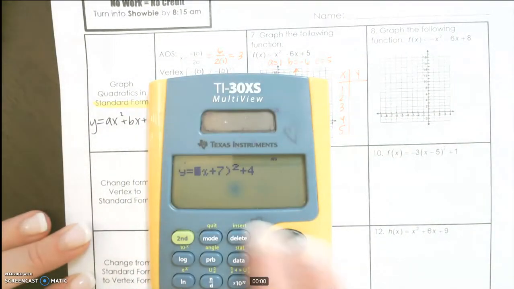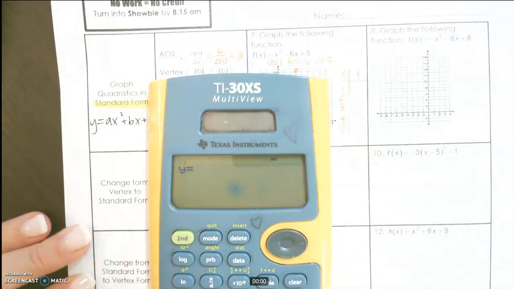So let's make a new table. We have x squared minus 6x plus 5. And I'm going to start my table at 1.